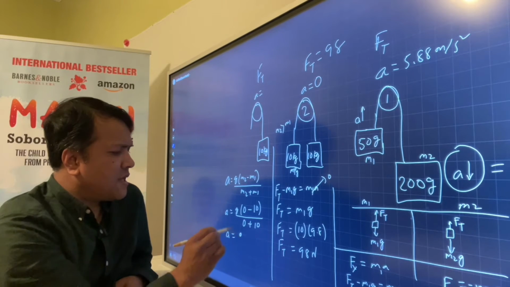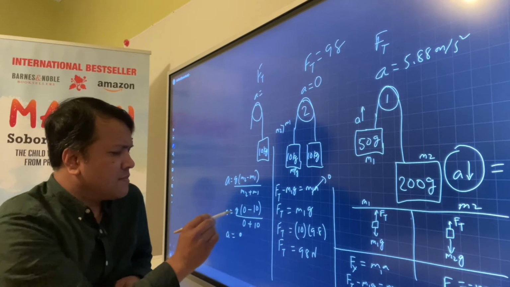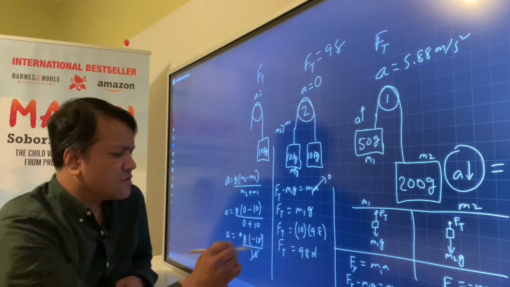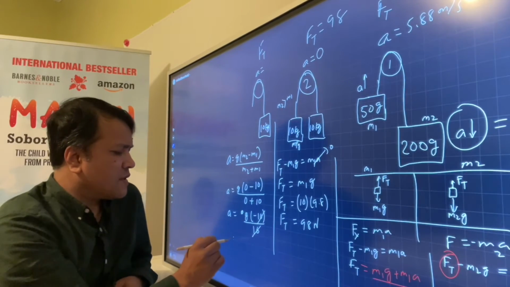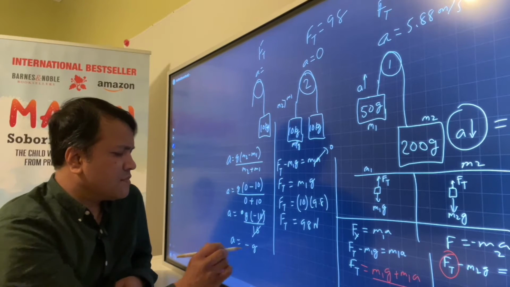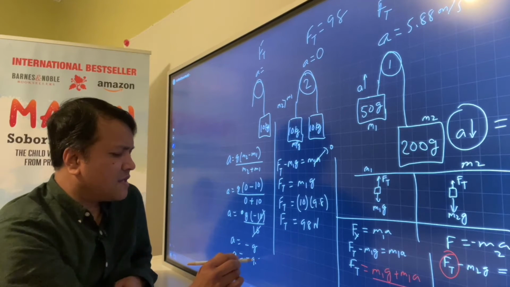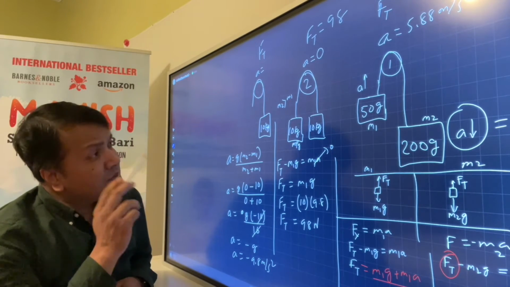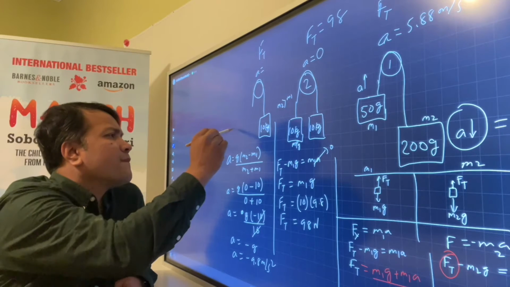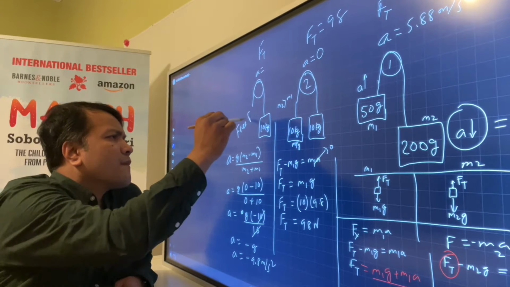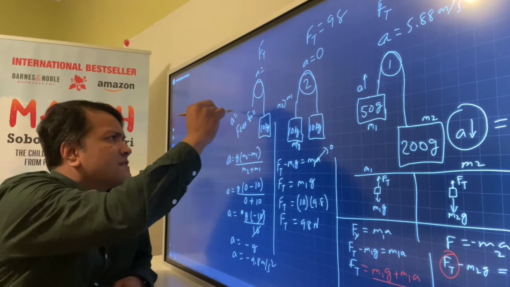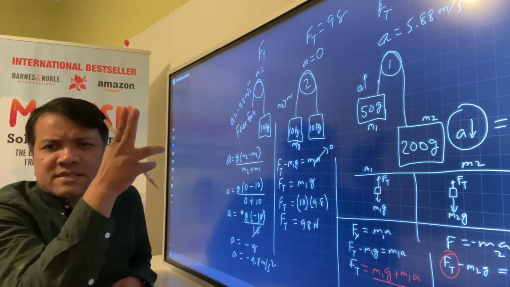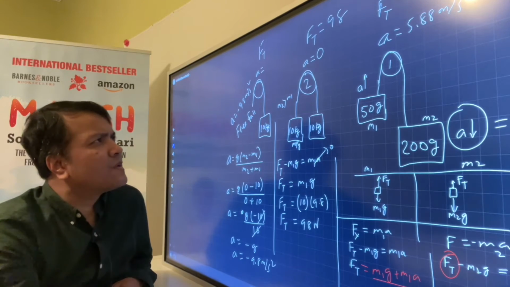G is 9.8. So g times minus 10 over 10. 10 goes into 10 once. So A is negative g. So A is negative 9.8 meter per second square. And that is obvious because this elevator is in free fall, because acceleration is negative 9.8 meter per second squared, as if someone cut the rope with a scissor.